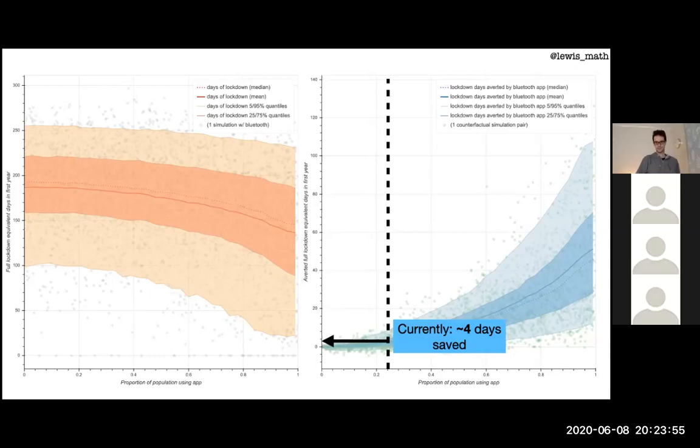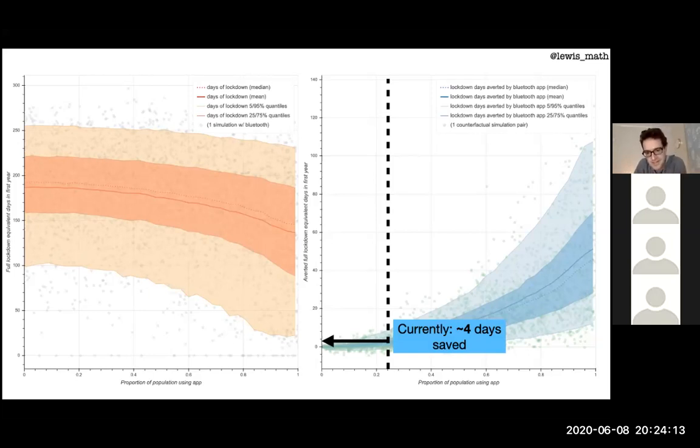So for some points on the curve here, currently about 25% of the population has downloaded the COVID Safe app, which is pretty high. It's higher than what happened in Singapore.